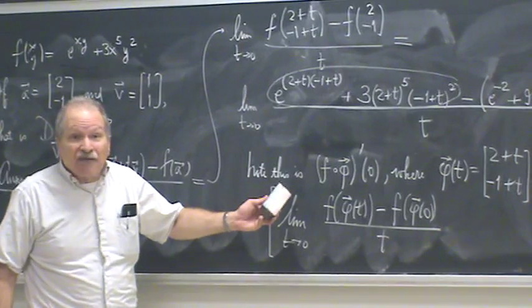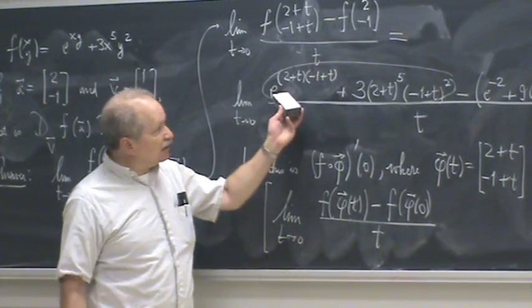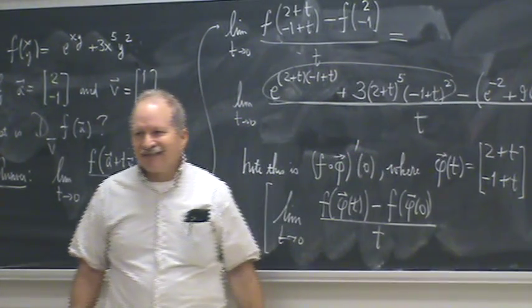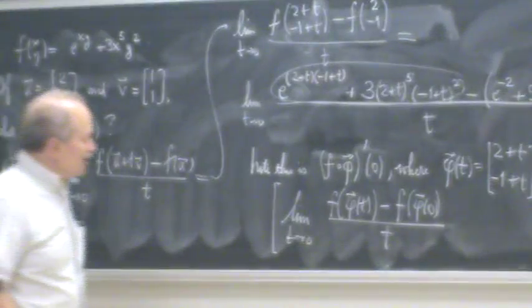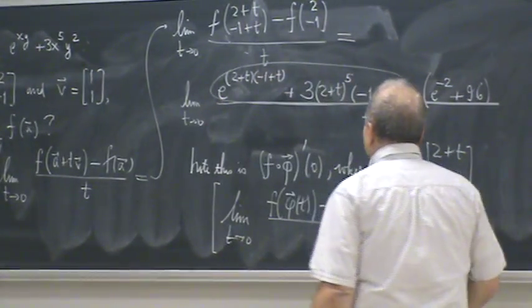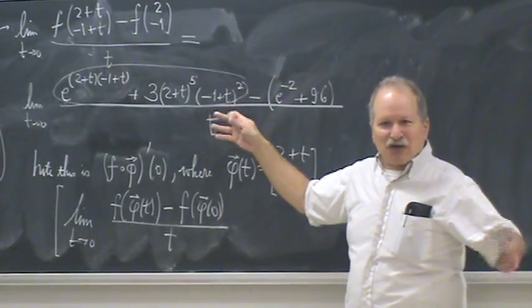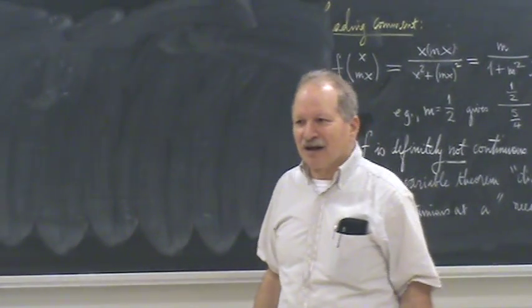Do you have a better way to compute the derivative of this function of t rather than writing out a limit? Chain rule. It's not so bad, right? And so for the obnoxious person who wanted to use L'Hopital's rule, that's what you would end up doing.